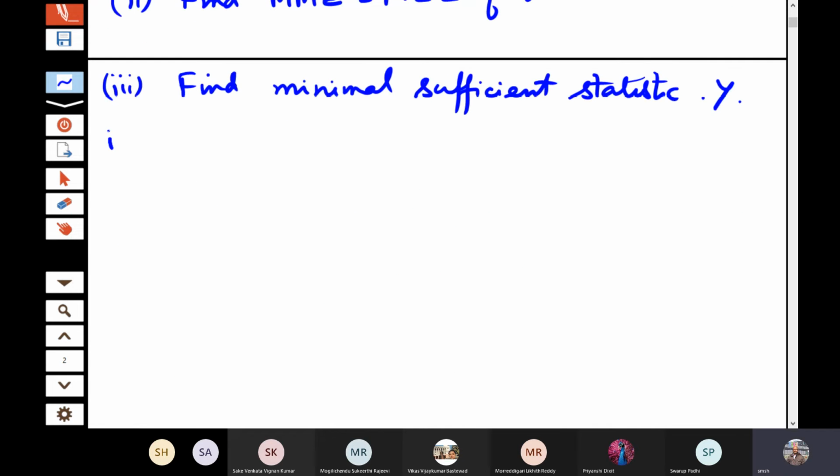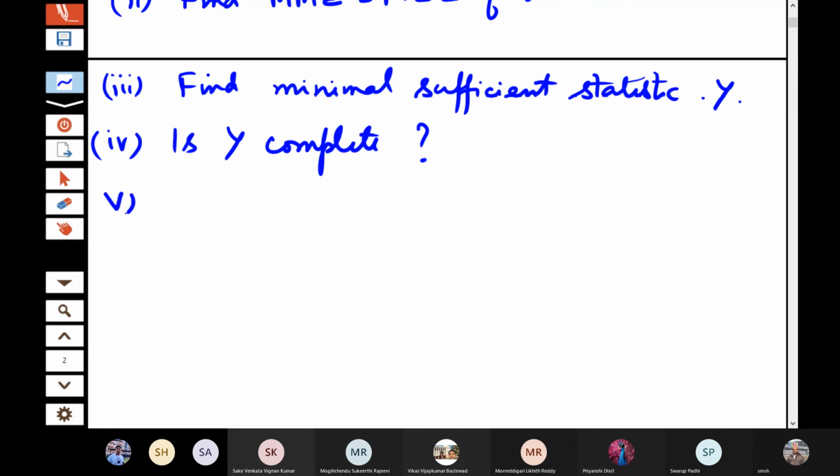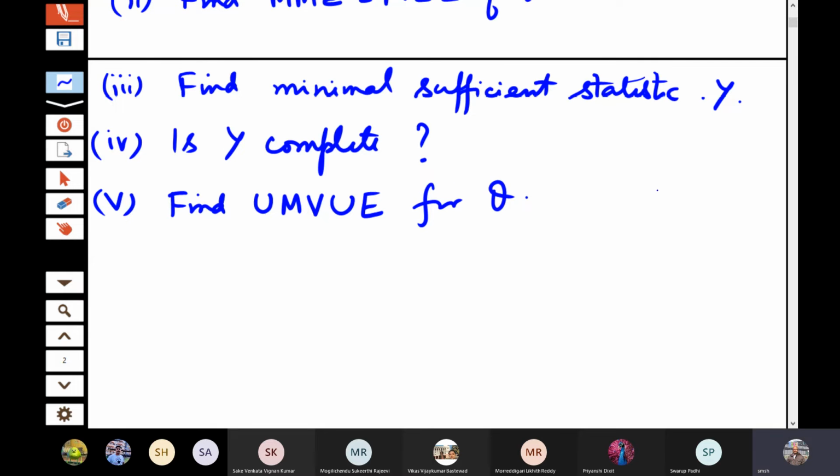Then I have another question: is Y complete? Find the minimum variance unbiased estimator for theta. Let me give some names to each of these estimators.